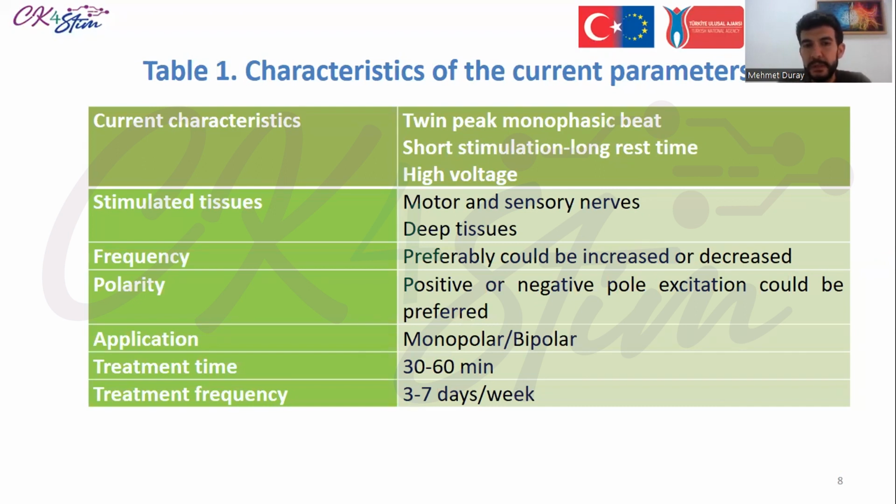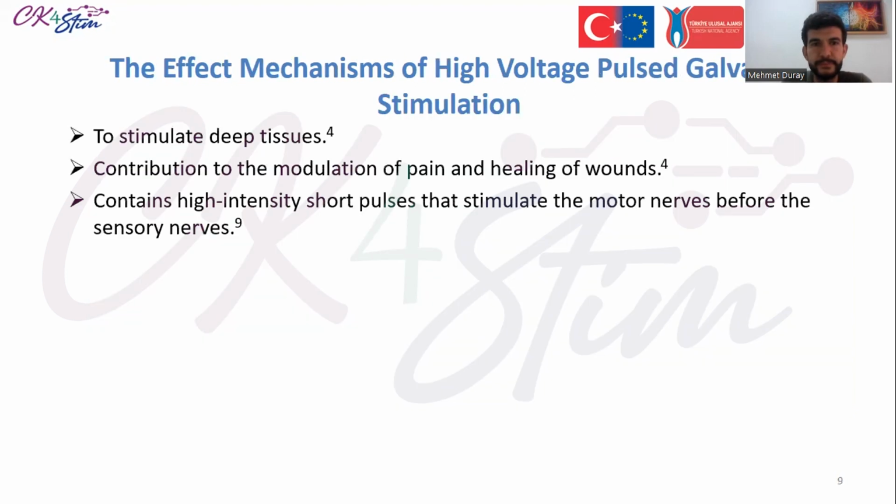The application can be monopolar or bipolar, and the treatment time is between 30 and 60 minutes. You can use high voltage pulse galvanic stimulation 3 to 7 days in a week. It stimulates deep tissues.